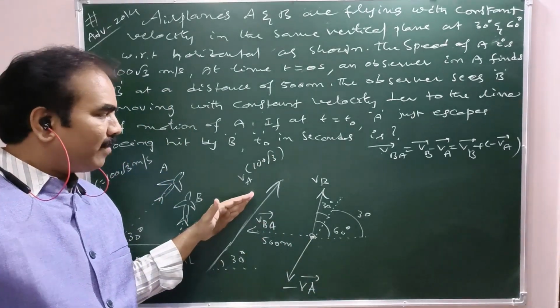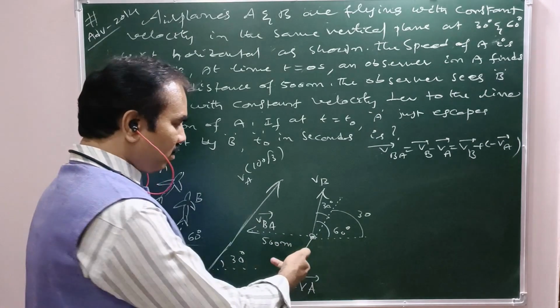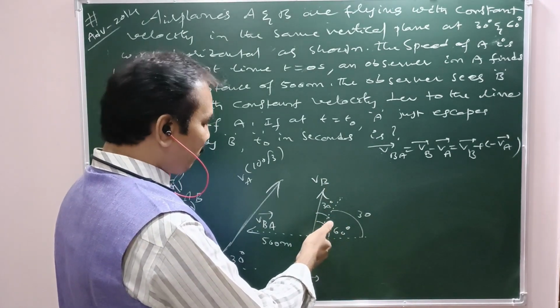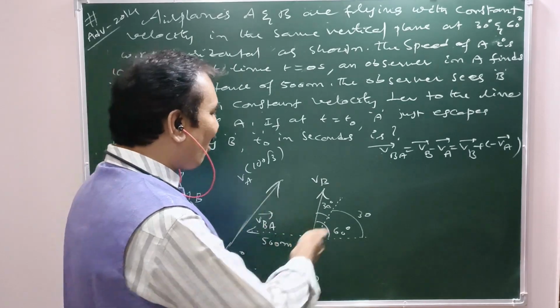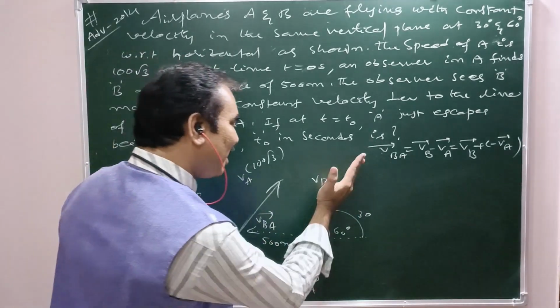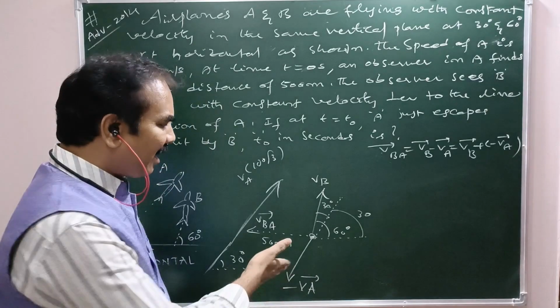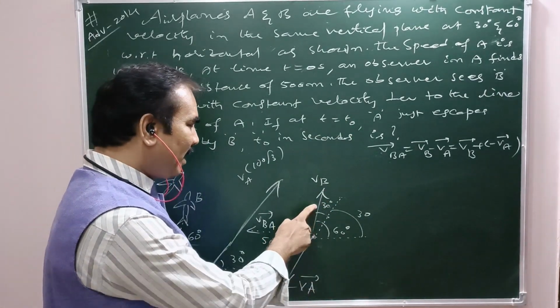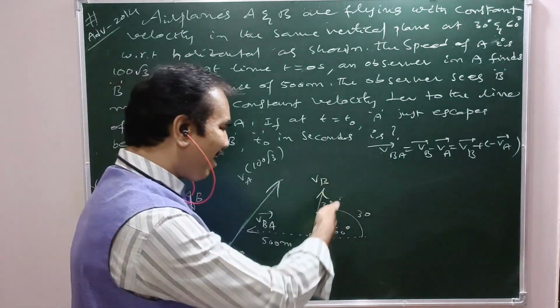Means there is no displacement covered by B with respect to A along this direction. Along this direction, the displacement or distance covered by B with respect to A is 0. Why?